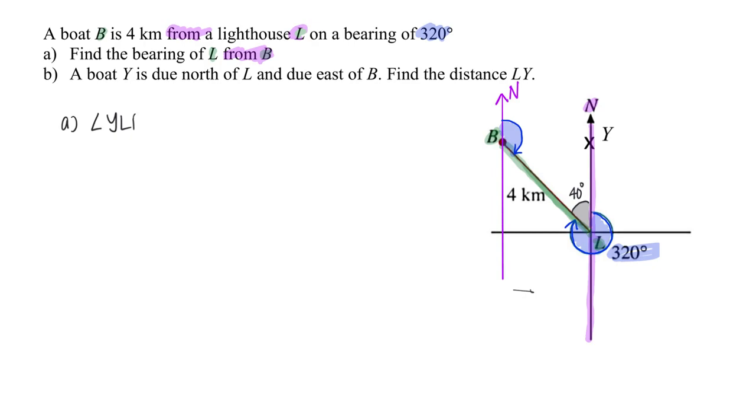Angle YLB is equal to 360 degrees minus 320 degrees, angles at a point.